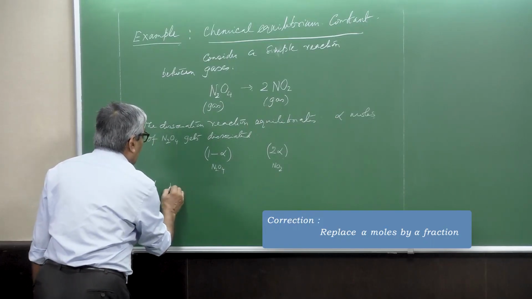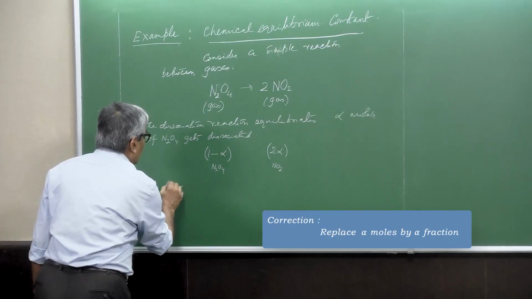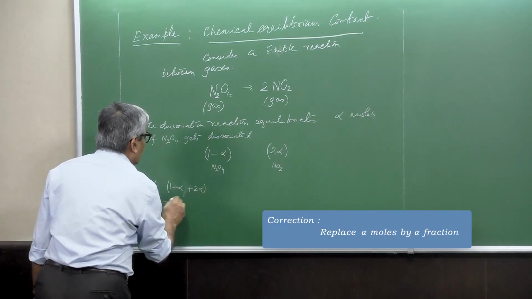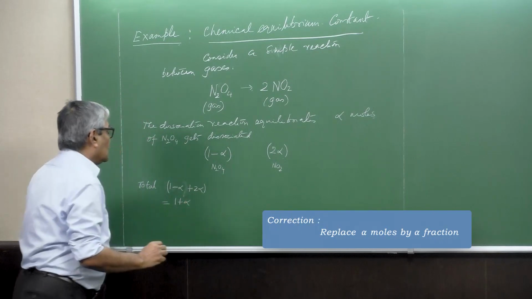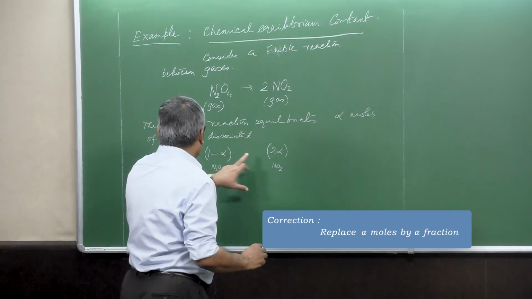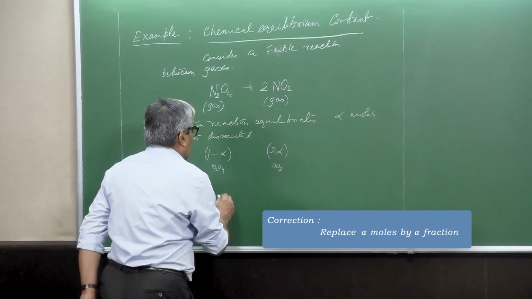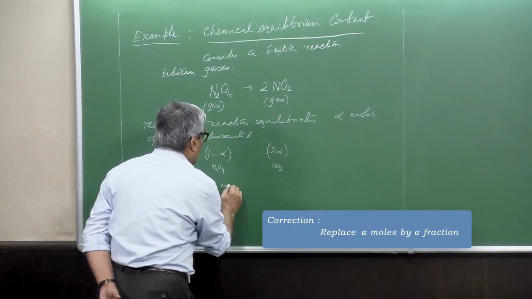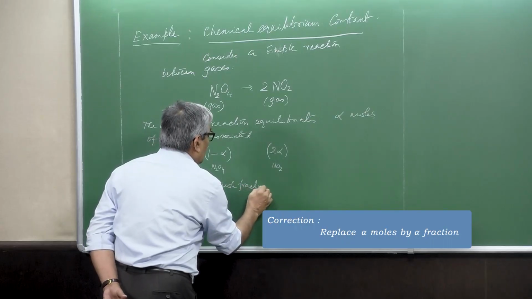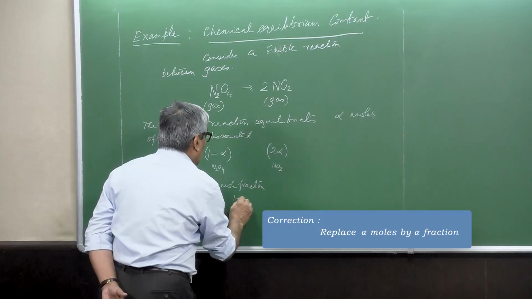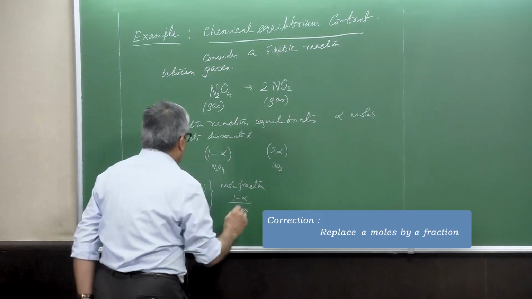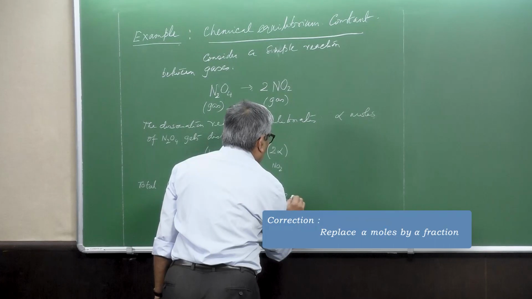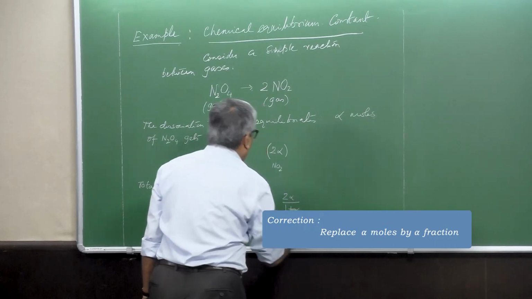In total we have 1 minus alpha plus 2 alpha, that is equal to 1 plus alpha as the total number of moles. That gives the mole fraction for N2O4 as 1 minus alpha by 1 plus alpha, because there is a total number of moles here, and the mole fraction for NO2 is 2 alpha by 1 plus alpha.